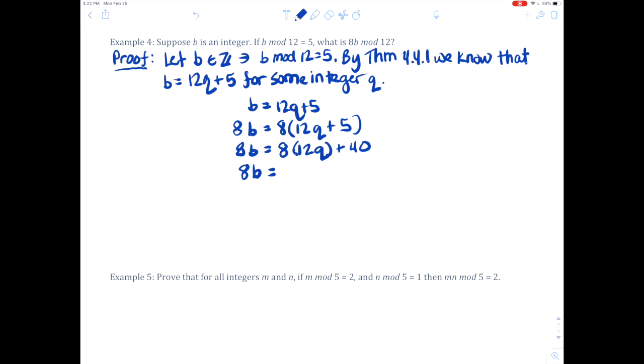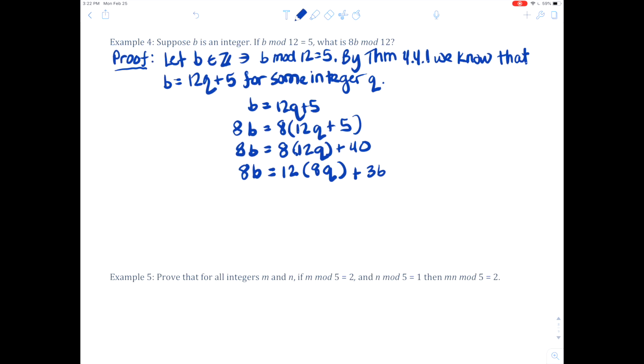So let's work with this a bit. 8b equals, the integers are commutative, so 12 times 8q, right? And then 12 times 3 is 36, right?